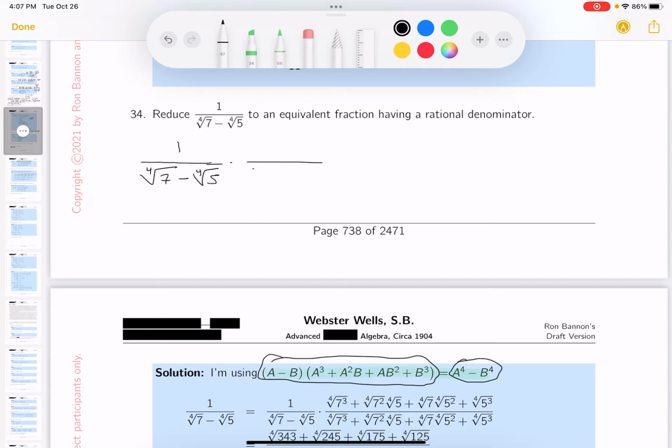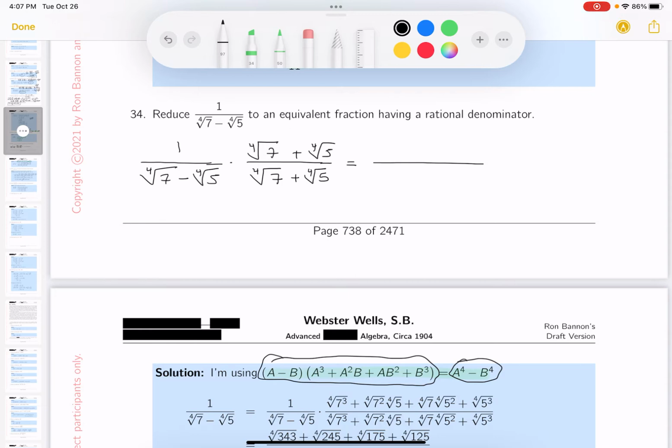So the 4th root of 7 plus the 4th root of 5. Let's write that down for you. And what would you get over there? Well, let's see.